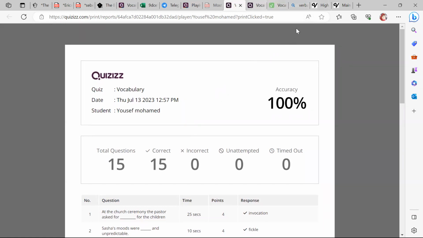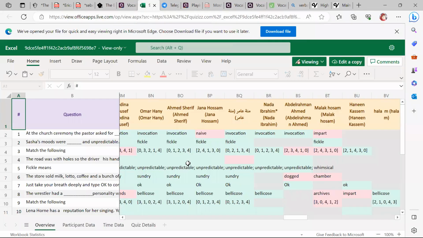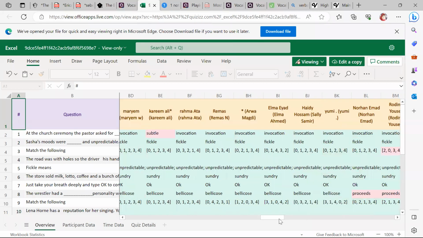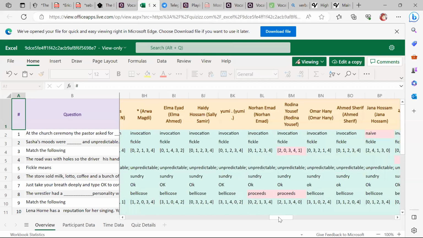I can see if he had a problem with any type of questions. Here also, I have this report. The names of the students are written here, and the words they had a problem with. Okay.